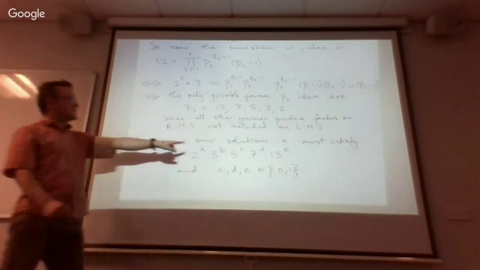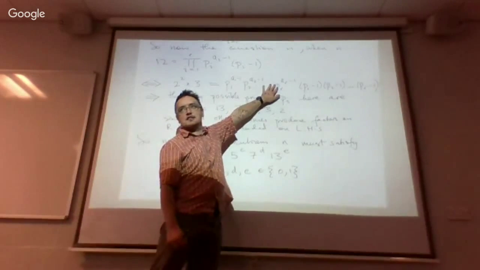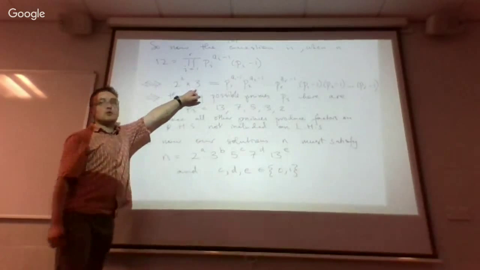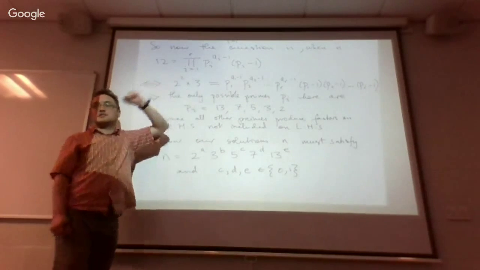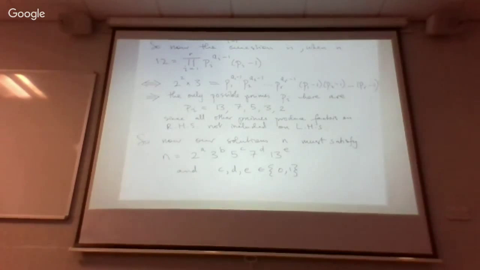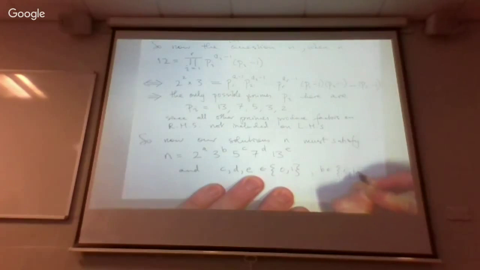Because if B was 3, then we'd leave behind a 3 squared, a 9, on the right-hand side. But there's only one 3 here. So B cannot be higher than 2. Right, so B is an element of 0, 1, 2.